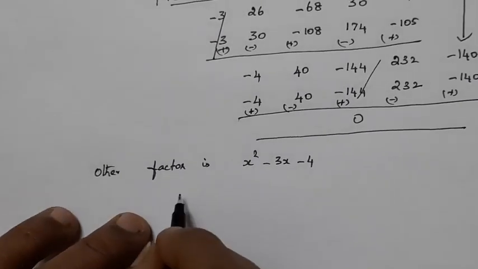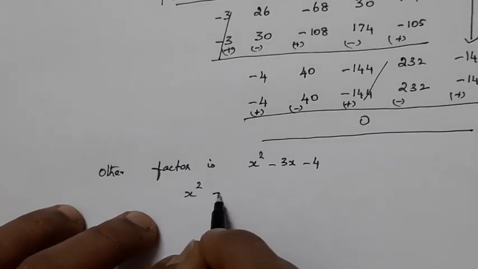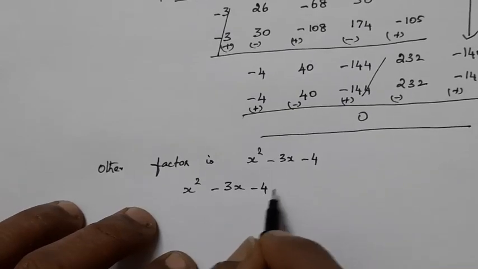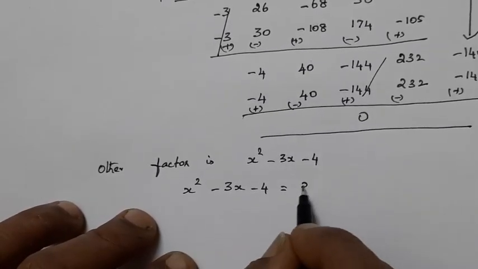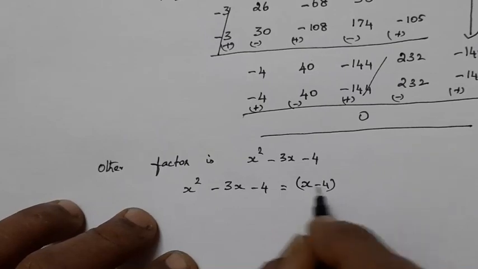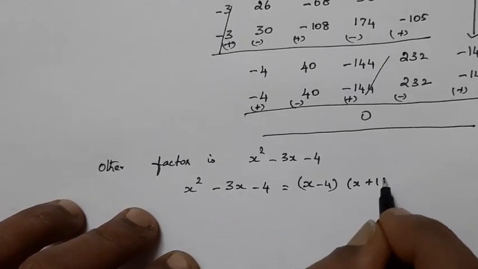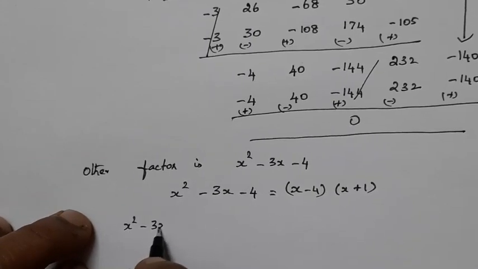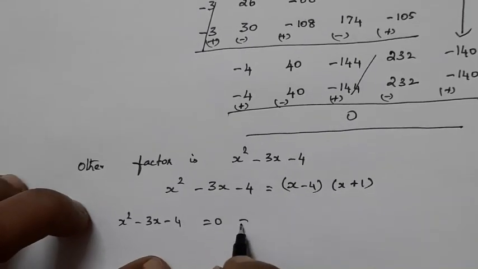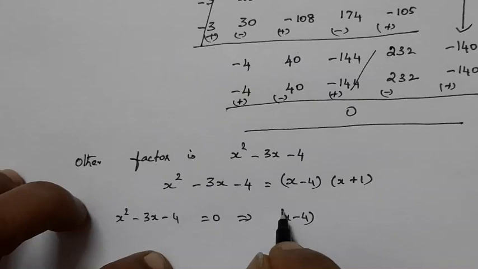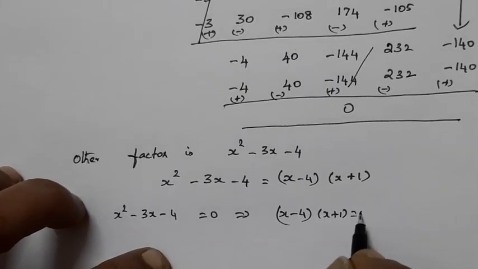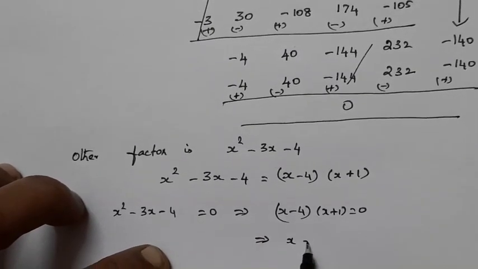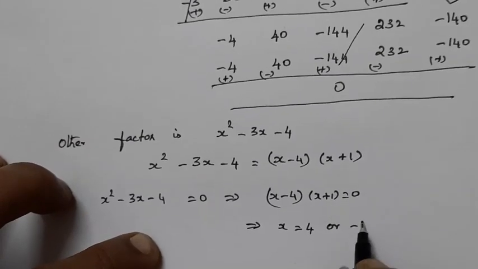You have to factorize this to get the other two roots. So let us factorize this factor. After factorization, you will get the factors as (x - 4)(x + 1). On equating this to 0, you get (x - 4)(x + 1) = 0, which implies that x is equal to 4 or -1.